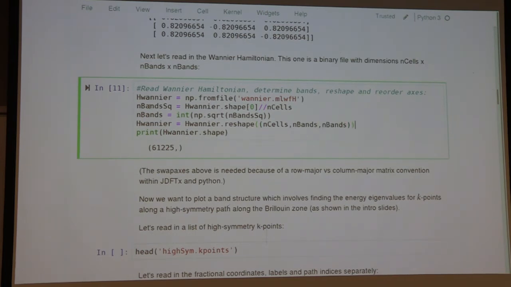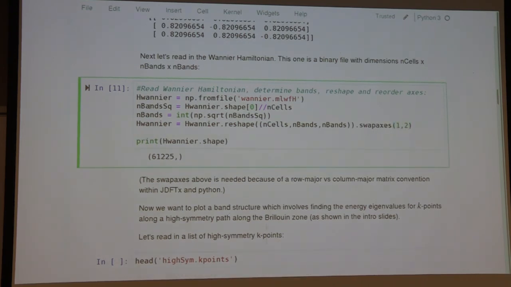And there's one other subtlety, which is that there is a difference in data order between what's used internally in JDFTX and Python. So I have to swap a couple of axes. This has to do with the data being stored row major in one and column major in the other. So if you do that, then you will get an object which is a 5 by 5 matrix, so that's the number of bands for each of these cells.